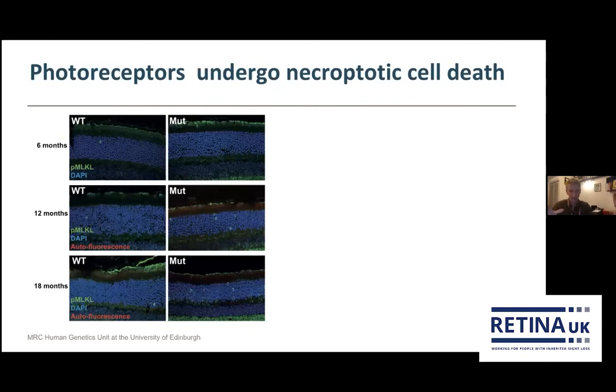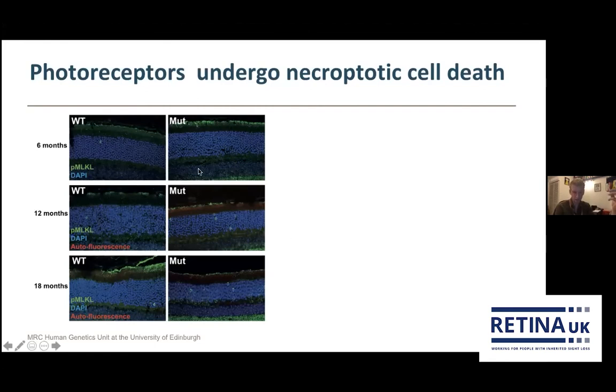It's called MLKL. And what I'm showing you on the left here is 6 photographs, 3 of the wild type eye, 3 of the mutant eye, and I'm showing you 1 each at 6 months, 12 months, and 18 months. And labeled in fluorescent green are the MLKL positive cells.